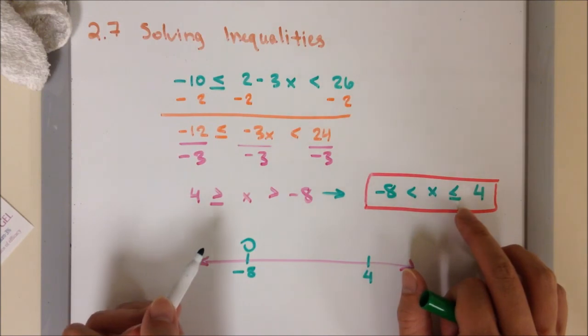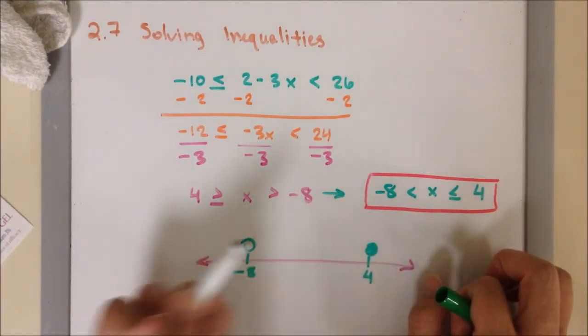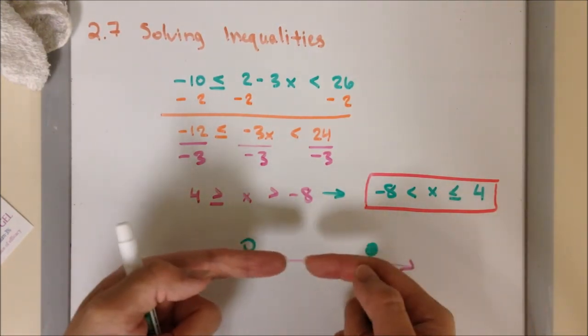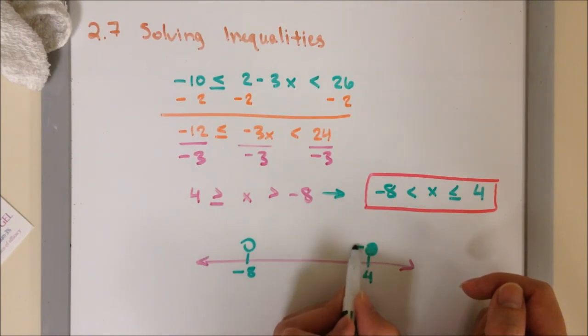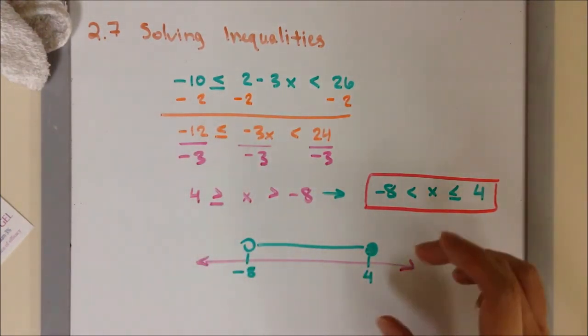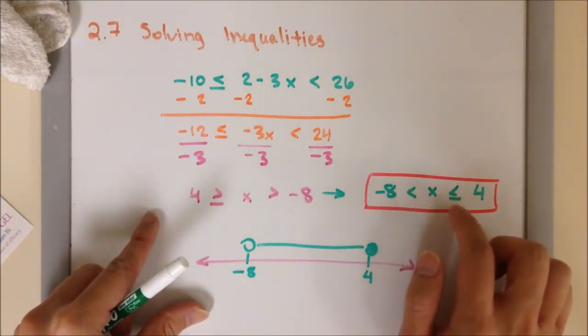The one at 4 is less than or equal, so it's going to be a closed circle, filled in. So since x is in the middle, basically it means that the arrows are going to go towards each other, so you're just going to draw a line. Just like that. And that is the graph for our solution, negative 8 less than x less than or equal to 4.